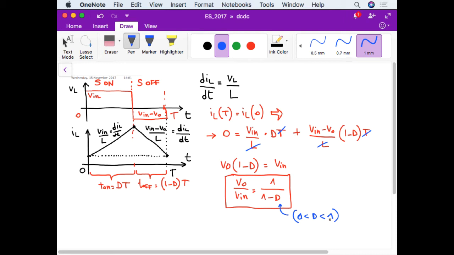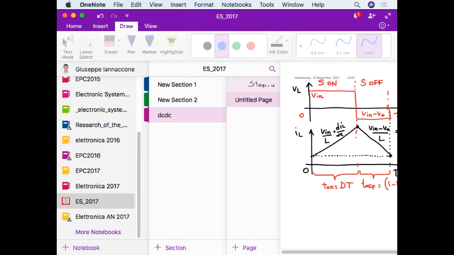Okay. Of course, this is a particular case, the case that when we discussed the buck converters, we called continuous conduction. Because you see here in the inductor, we have a continuous current. The current is always positive. Of course, this is true up to a certain point, because let me go back a bit.